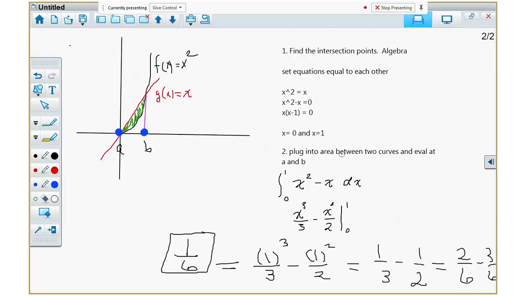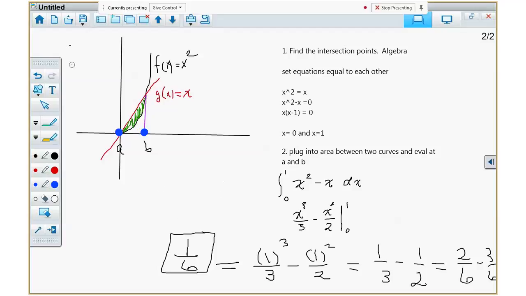The reason it's negative is because I took the x squared minus the x. If I took the x minus the x squared, it would come out to be positive 1/6. And again, it doesn't matter. You see it's above, so it's positive 1/6.